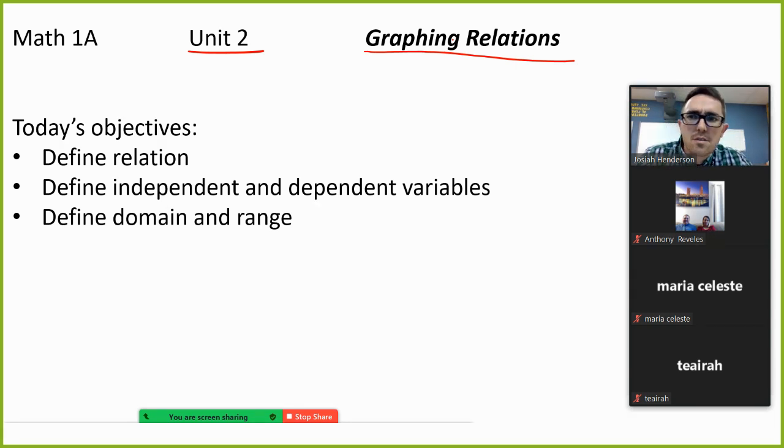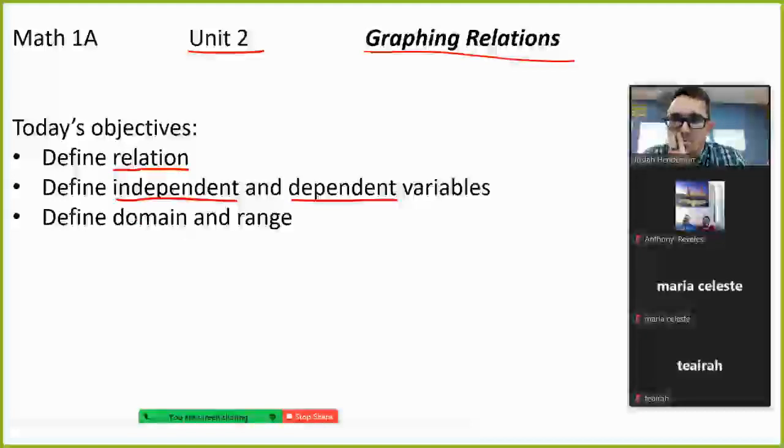Here's our objectives for today. We're going to define relation. What is this? Then define independent and dependent variables. And we have to define domain and range. And there's one I forgot to put on here, but we're going to do it today.